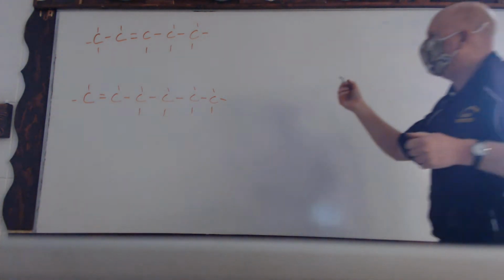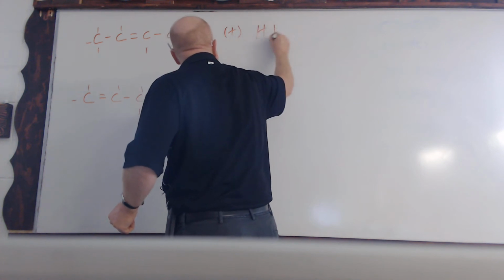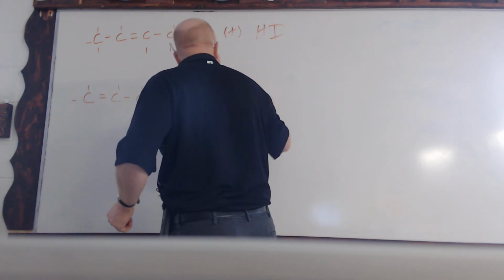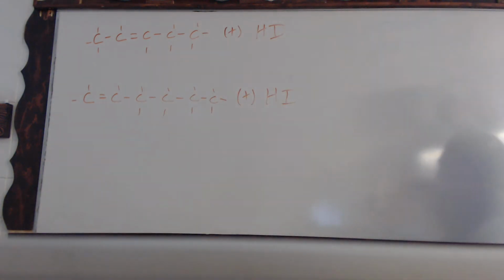And what I mean, if we add, which one of those would give you a major and a minor product, do you think? You're going to get two products here, you're going to get two products here.